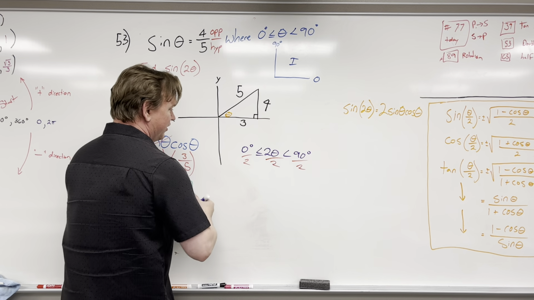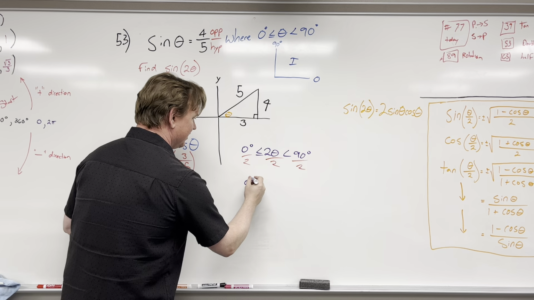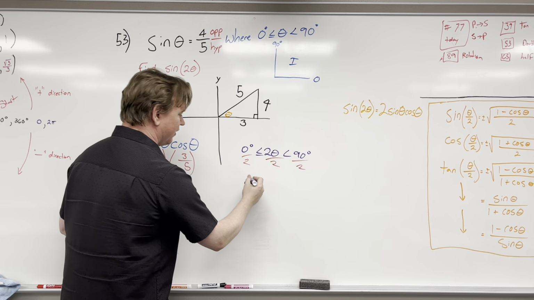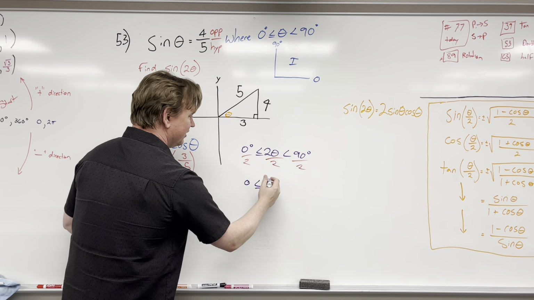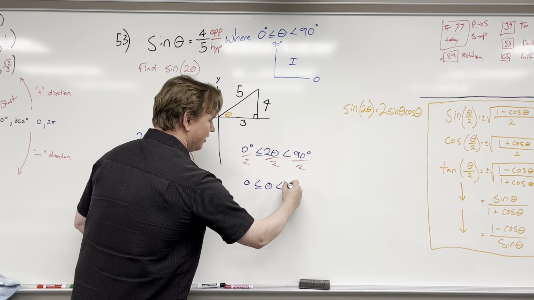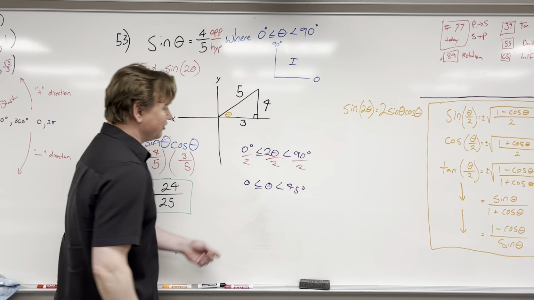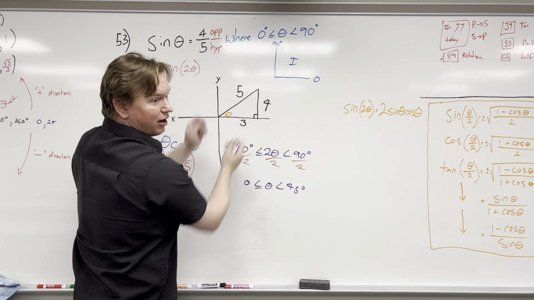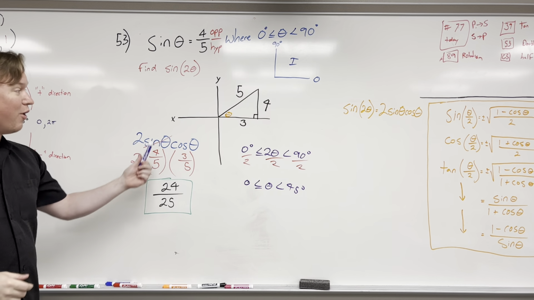So you'd get your angle, and this guy here, 90 divided by 2, is actually even less than here. So it's not in quadrant 2, it's in quadrant 1.